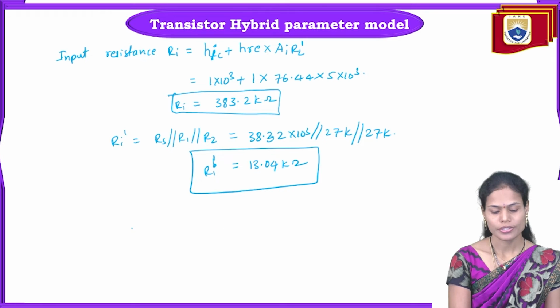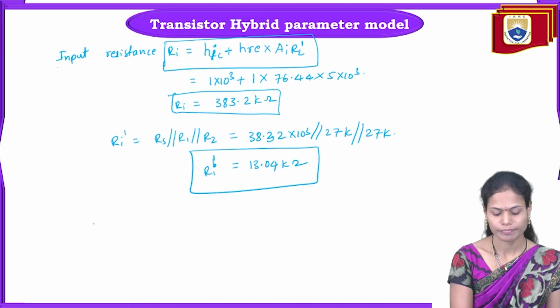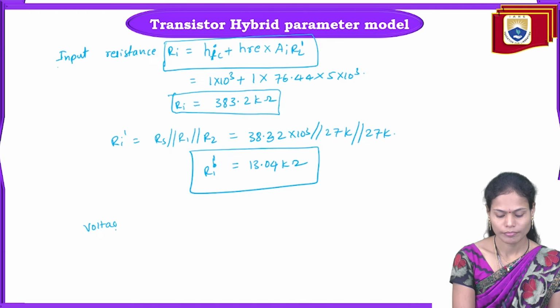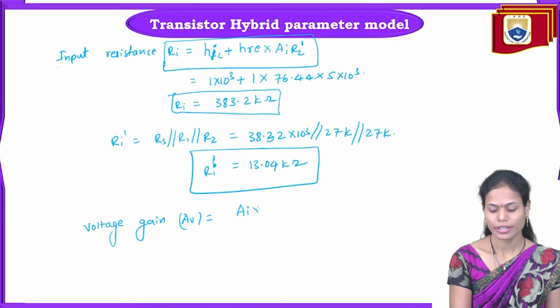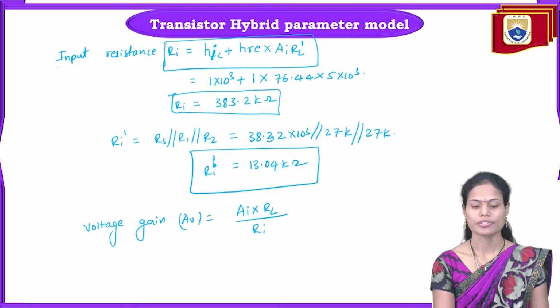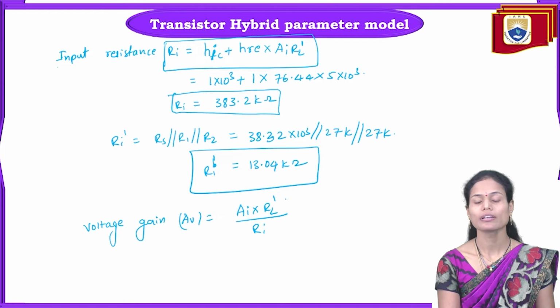Okay, and the next parameter we need to calculate is the voltage gain AV. Voltage gain AV is equal to current gain into load resistance by input resistance. Here we need to take the RL dash overall resistance.